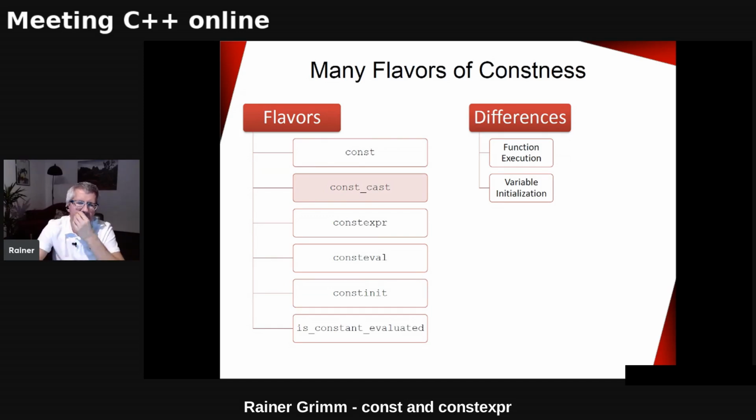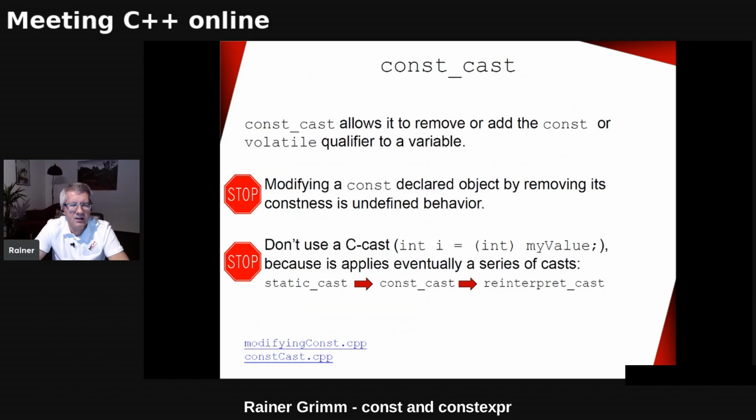But now it becomes a little bit more interesting. In particular, a quite interesting use case. Const_cast allows it to remove or add const or volatile. Maybe a few of you don't know that you can also use the const_cast to add constness or volatileness.